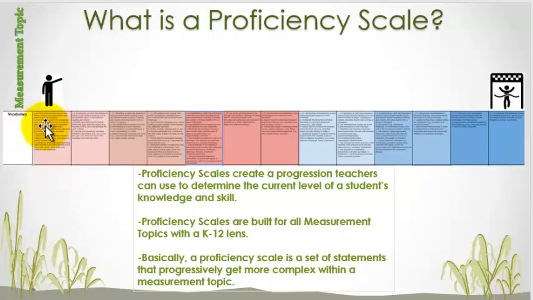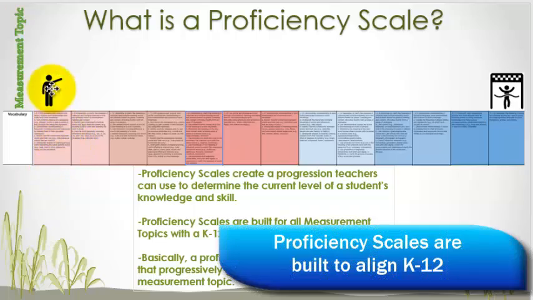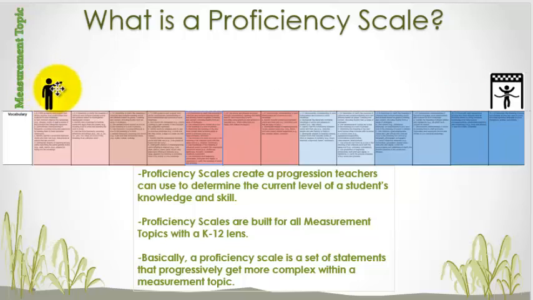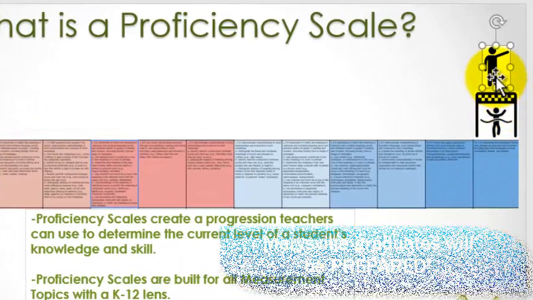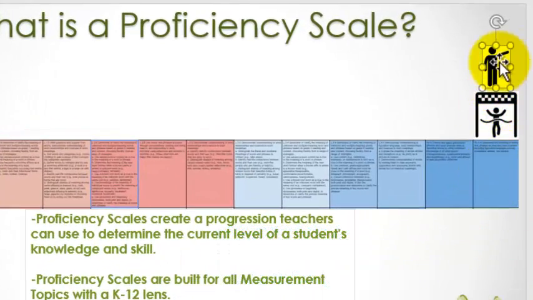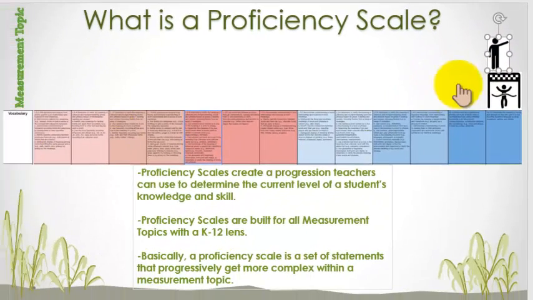It has a K-12 lens. So proficiency scales are going to really ensure that if a Marysville student starts in kindergarten, and we're looking at them in terms of their vocabulary development, then the proficiency scales are going to ensure that that student makes all of these steps appropriately in order to demonstrate mastery, so that when they graduate at the end of their time here in Marysville, they have all of the skills that they need in terms of vocabulary skills.